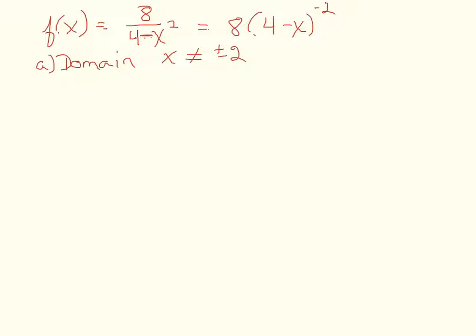If we want to think about symmetry, because we have only even exponents, we know that this is an even function. Because if I plug in a negative x for x here where x squared is, I get the same function, so we're symmetrical to the y-axis.